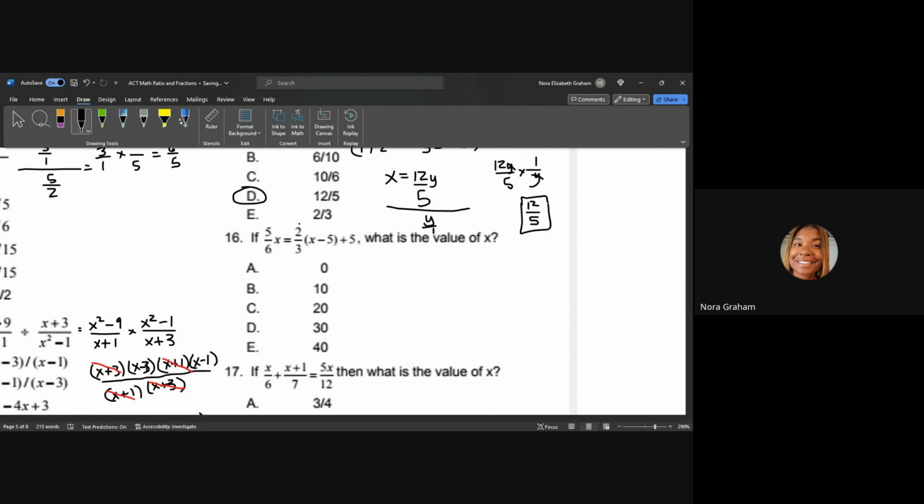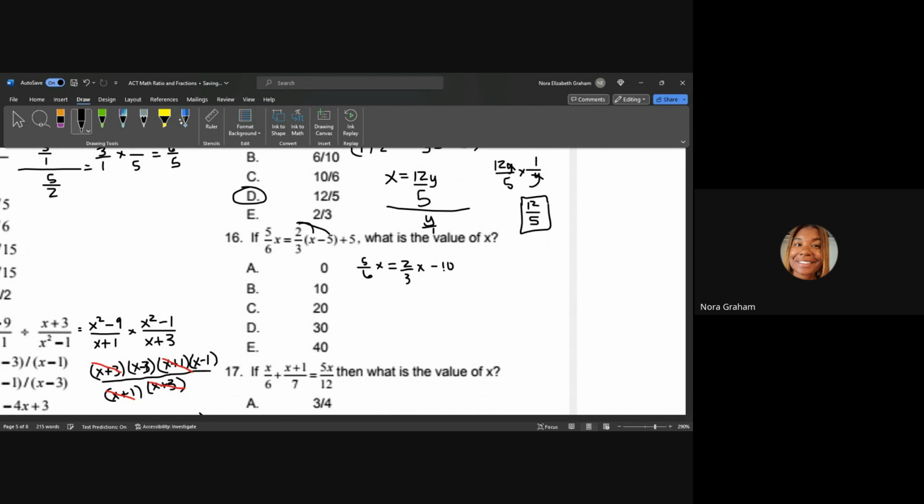So the first thing we're going to do is distribute this 2 over 3 through these two terms. So I have 5 over 6 x equals 2 over 3 x minus 10 over 3.